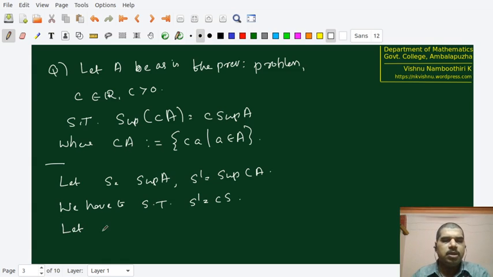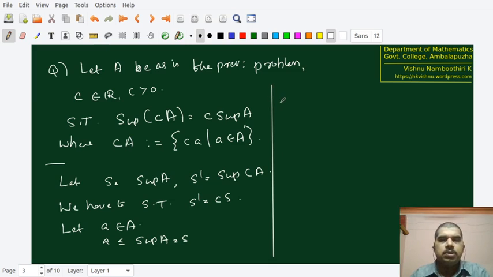Let a belong to capital A. Then we know that a is less than or equal to supremum of A, which is S. Therefore, since C is positive, we know that Ca is less than or equal to Cs, because multiplication by a positive number will not change the direction of the inequality. Therefore, Ca is less than or equal to Cs.